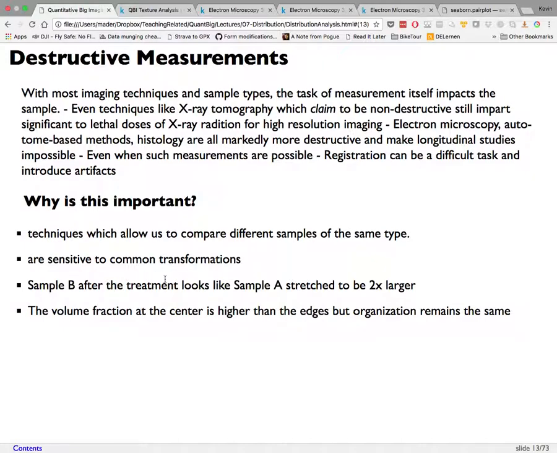But when we look at the structures inside it, it looks like B is a stretched out version of A. As a qualitative assessment, that's very easy to make, but as a quantitative analysis, this is very difficult to do. And so this is the basis for what we're going to do with these tools: try to figure out how we can quantify those kinds of analyses.